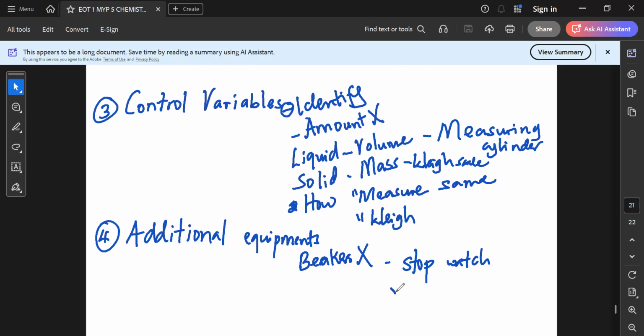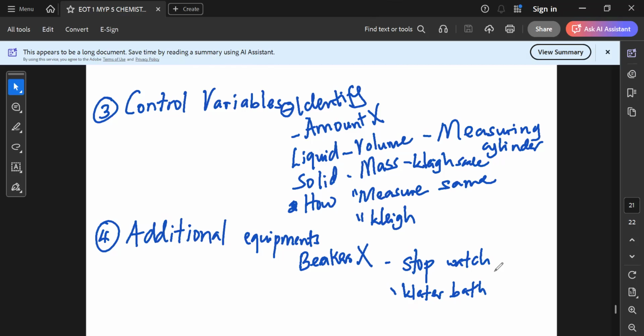You will need a water bath, and so on. So every time they ask you for additional equipment, think about the controlled variables for the experiment and ask yourself, what are you going to need to keep them the same for all experiments? That's very, very important.